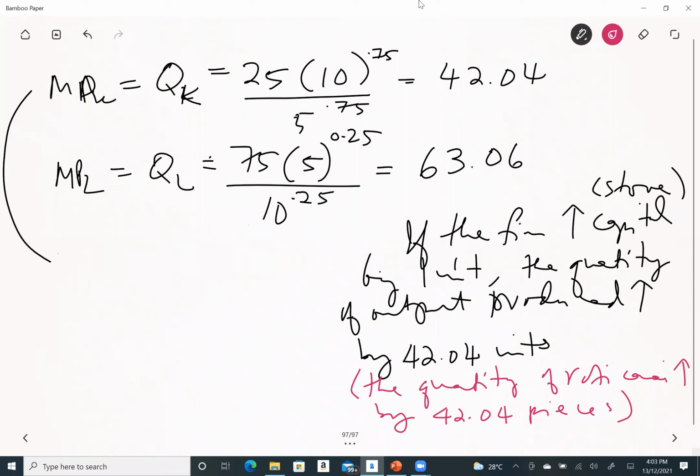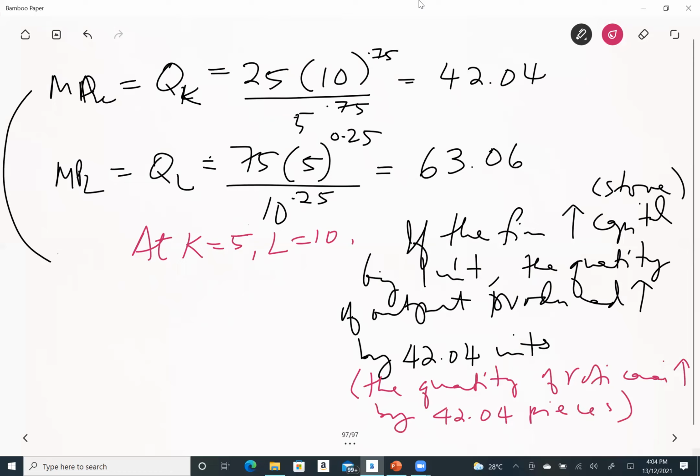We add K equal to 5, L equal to 10. In other words, given currently we are using 5 units of capital and 10 workers, if I increase stove by 1 unit, then how much more roti canai can I produce?